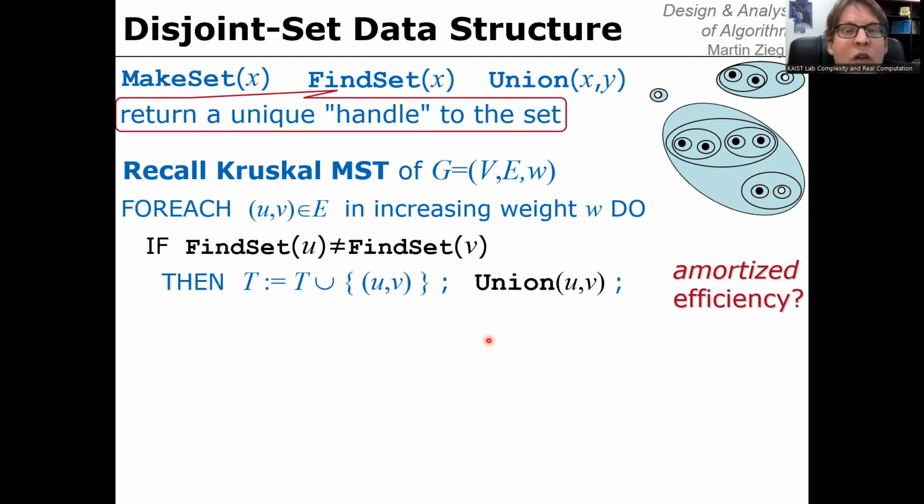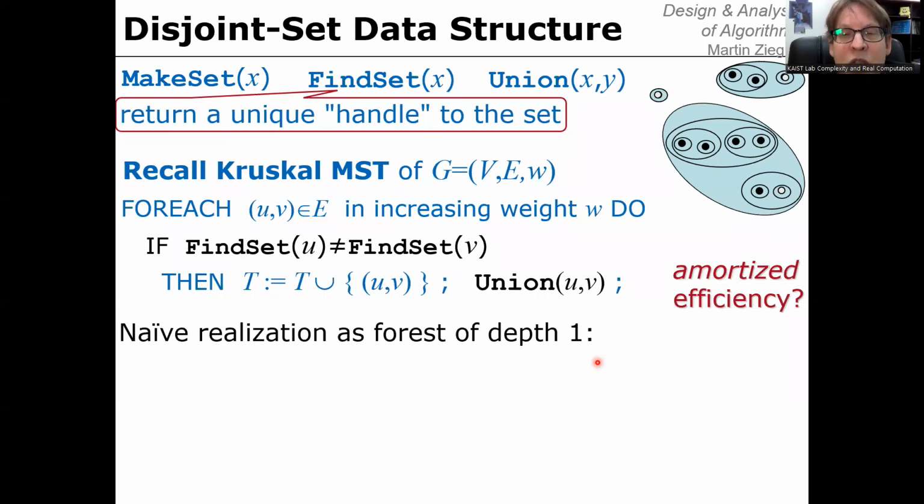Of course, we're going to realize that using pointers, and one realization is to take the root of, let's say, a tree as a unique representative, and to store in that tree all the nodes that belong to that set. Now that doesn't need to be a binary tree, it could be an arbitrary tree.